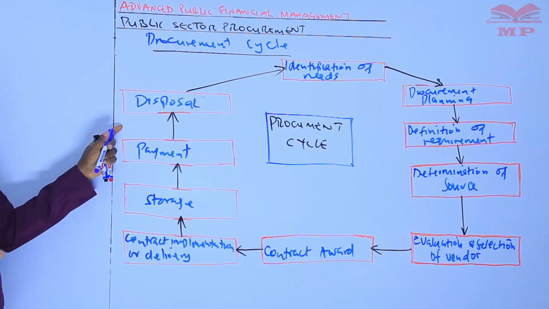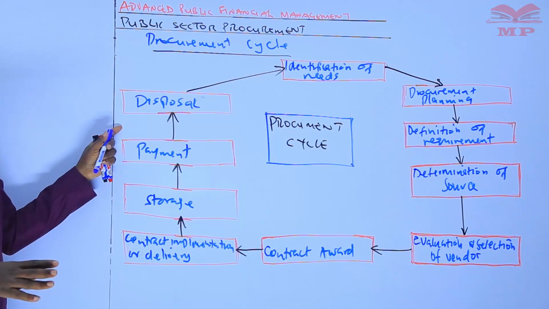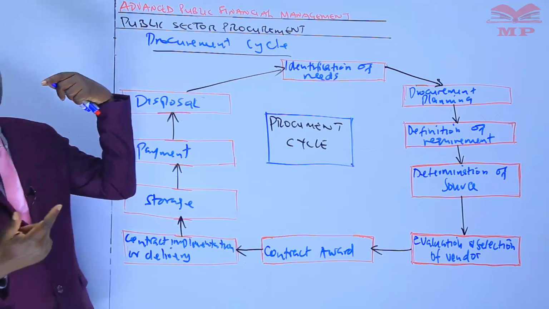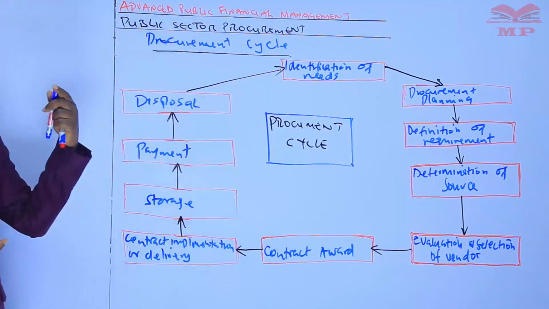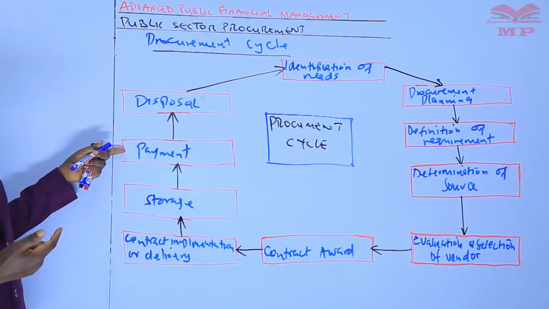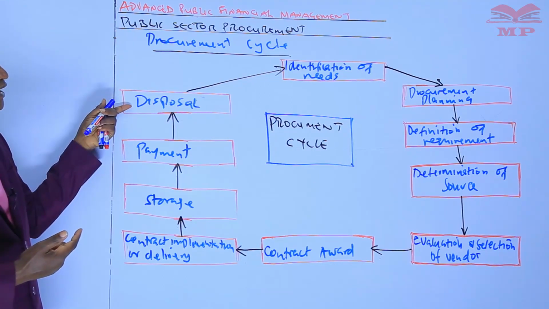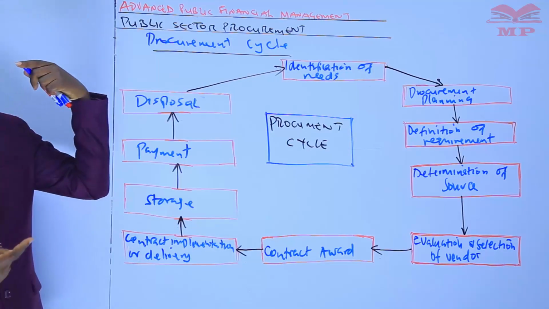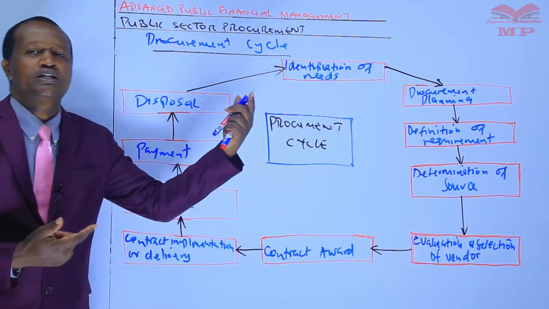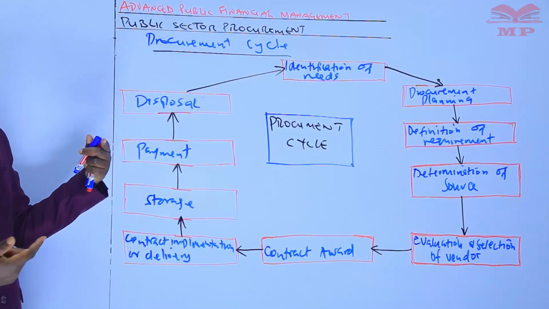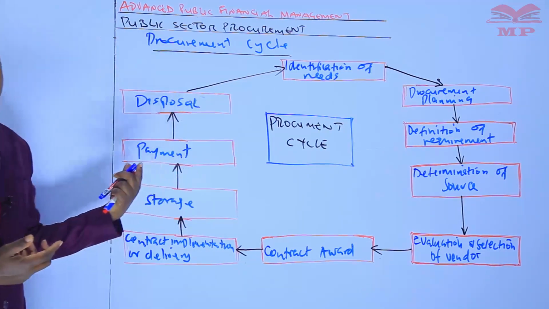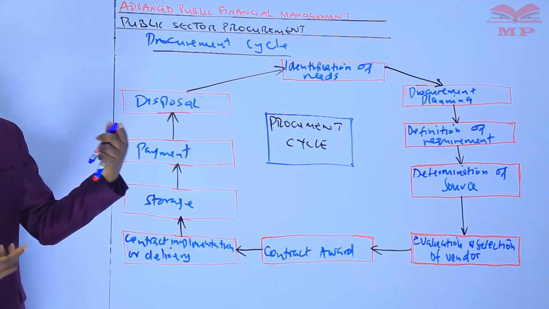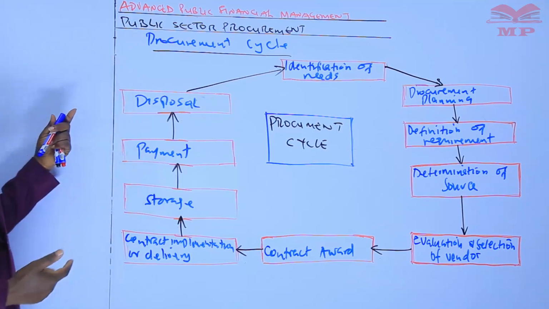And there are several methods of disposal available to a procuring entity, like the transfer to another procurement entity. Okay, if a department has excess items or goods, such goods can be disposed of by transferring them to another procuring entity which may need such items. And the transfer may be with or without any financial adjustment.